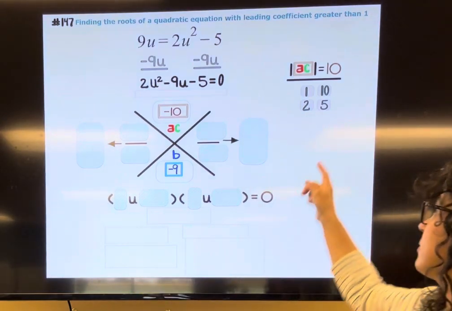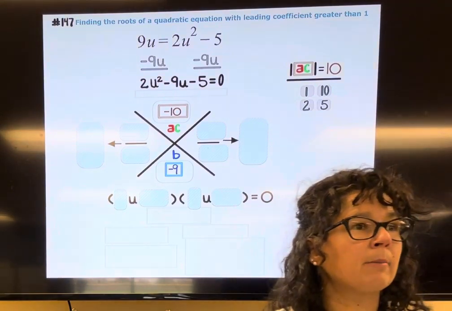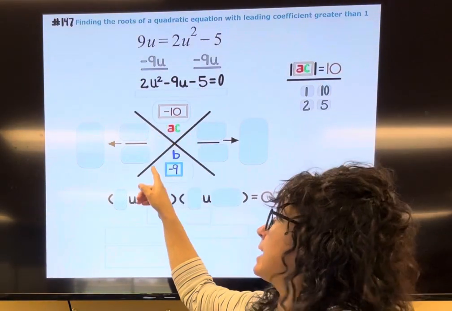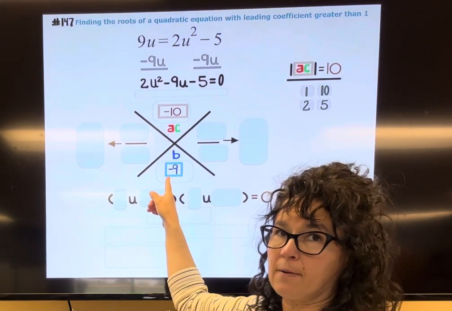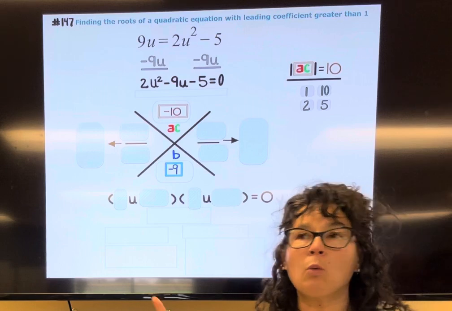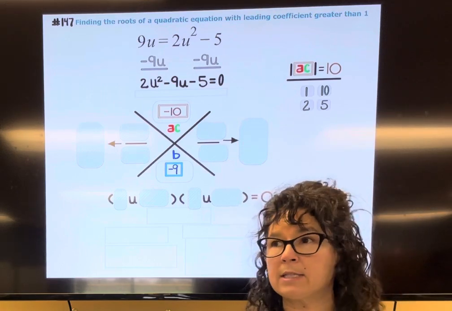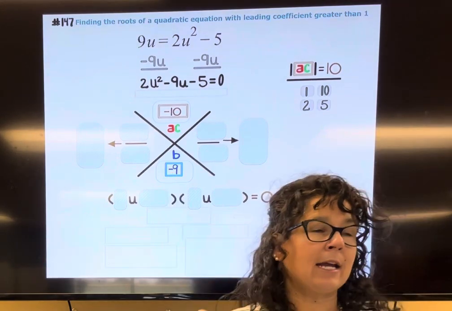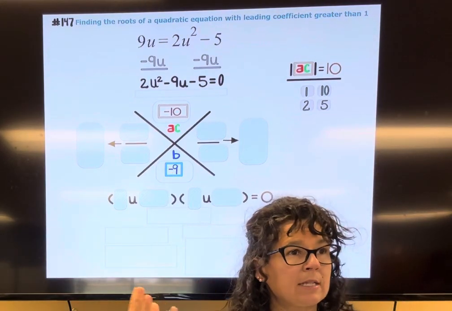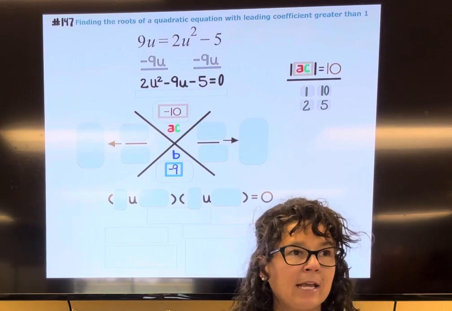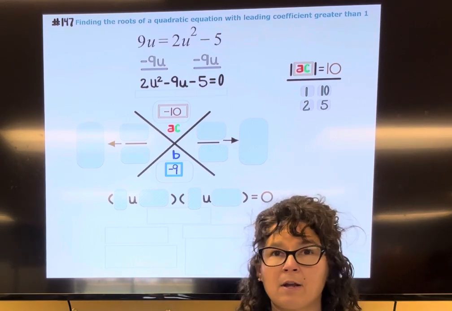Now that I have my pairs, these are the only numbers I could use to help me think of numbers that multiply to get negative 10 and add up to negative 9. Now, if the numbers multiply to get negative 10, you know that one of the numbers is positive and the other one's negative. But they're going to add up to negative 9, so if one of those numbers is positive and the other one's negative, that can only happen to add up to a negative for the bigger one to be the negative number.